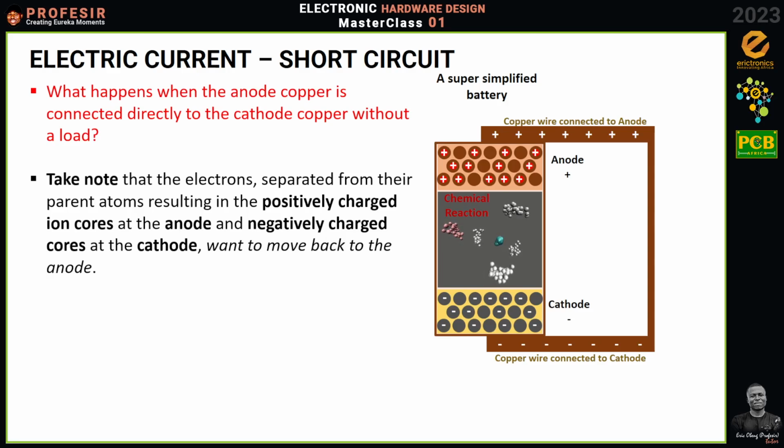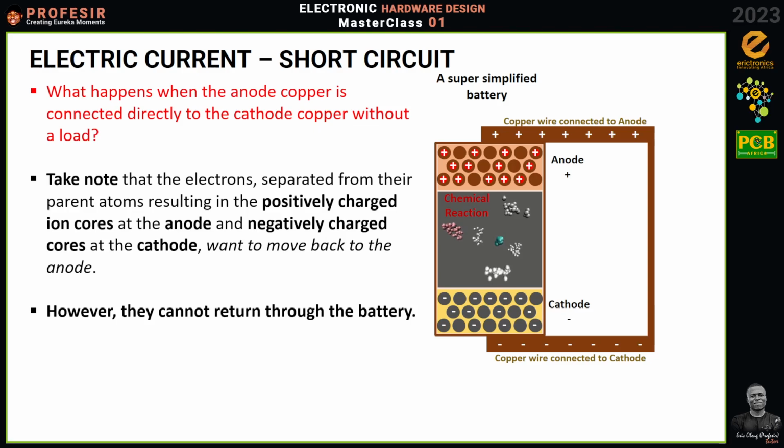Unfortunately, these electrons can't return through the battery. The only way they can return is through an externally connected path or conductor or wire, right? The electrons actually want to go back because that is their default state, right? But then they can't.